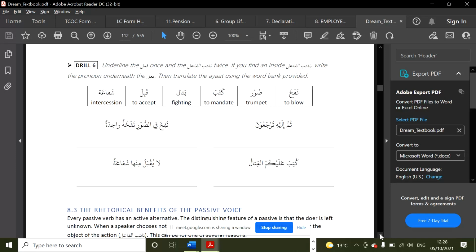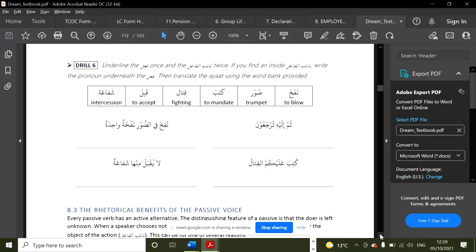So all the letters before the second last one are dhamma, and the second last is kasra. If any fatha comes in between, or any dhamma comes in the wrong place, then it's not our mabni majhul. If it's only the u and i sounds before the last letter, it's our mabni majhul. Okay? Are you understanding?